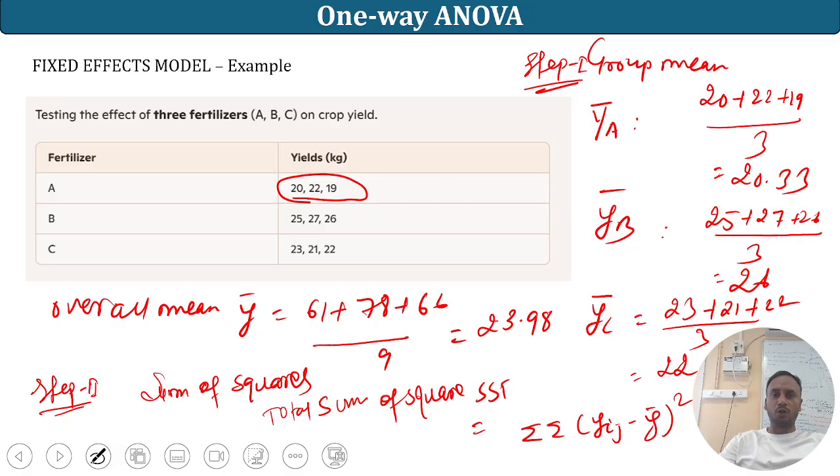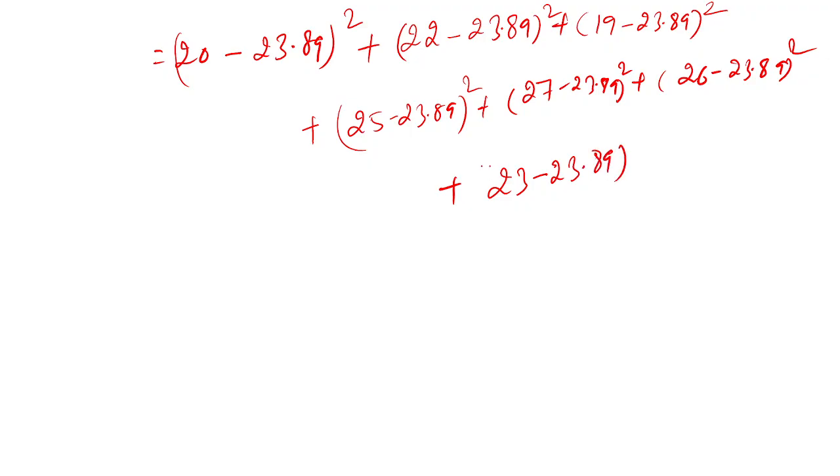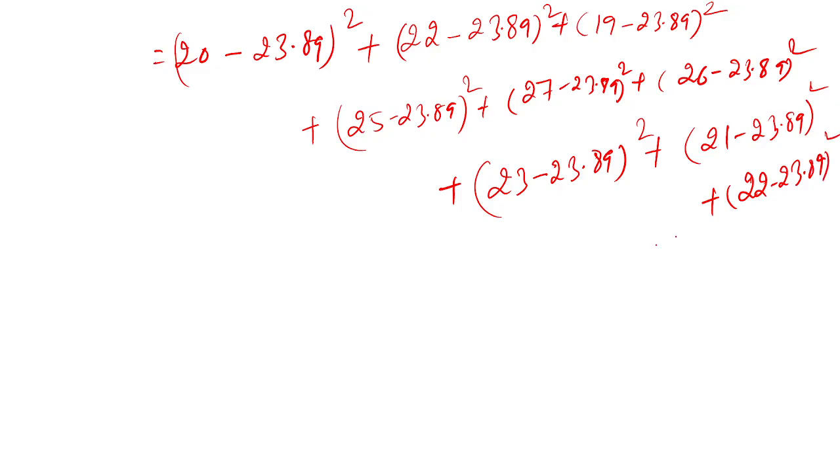Now we have the third group: 23, 21, 22. 23 minus 23.89 whole square plus 21 minus 23.89 whole square plus 22 minus 23.89 whole square. So what will the value come? Can you please tell?